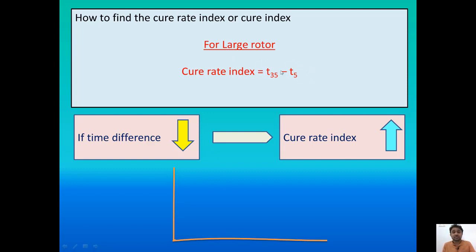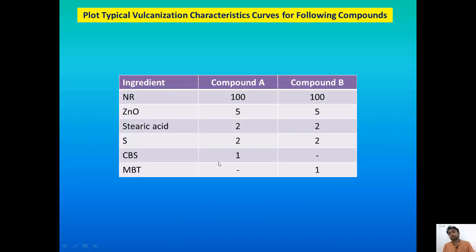If the time difference is large, we will get a low cure rate index. See T5 and T35: if the time difference is less, the rate is high, the angle is high. If the difference is very large, then we will receive a lower cure rate index.